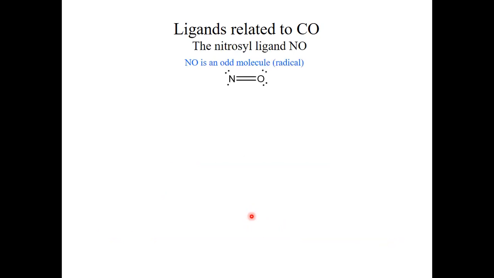Okay, very good. Then let us go to the next ligand, which is the nitroso ligand. So the nitroso ligand is not isoelectronic to the CO. We are replacing, in this case, carbon by nitrogen.